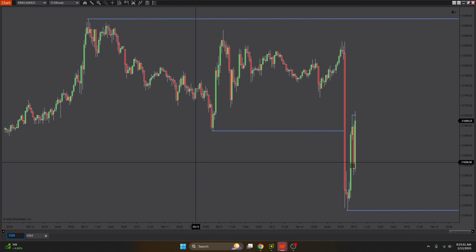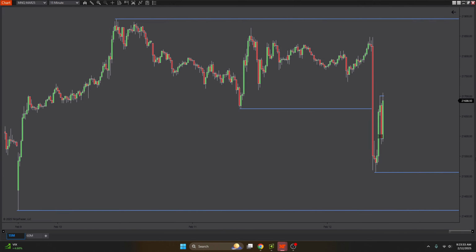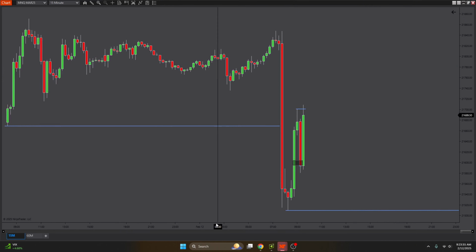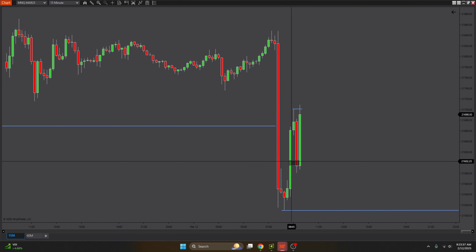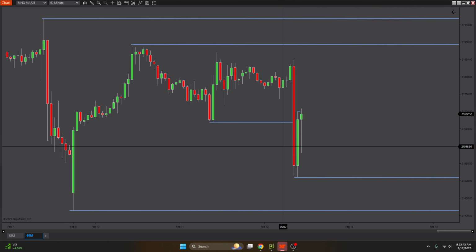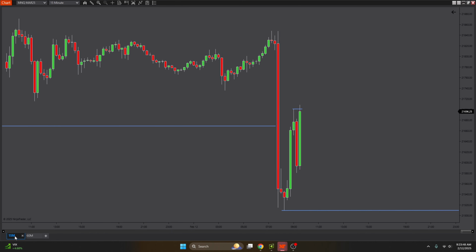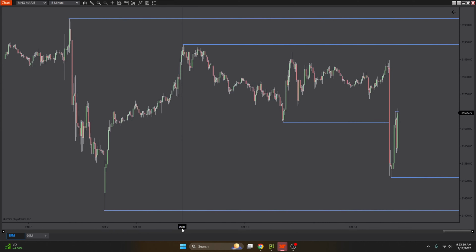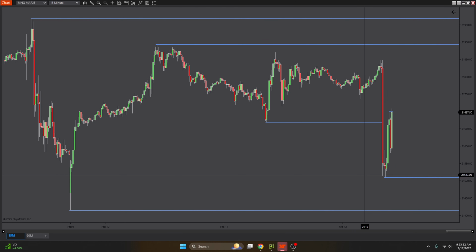So we have an option here. This is our 15-minute, and we just swept that liquidity right here. This is the hourly. We just tapped into the hourly fair value gap. However, as I said earlier in the video, accumulation, manipulation, distribution to the upside.